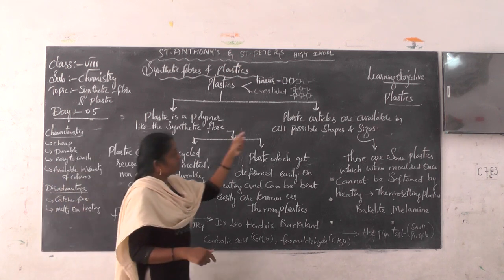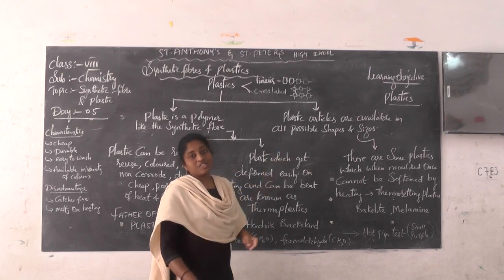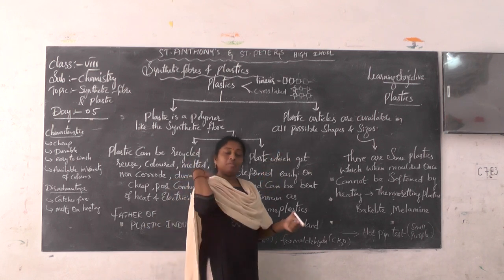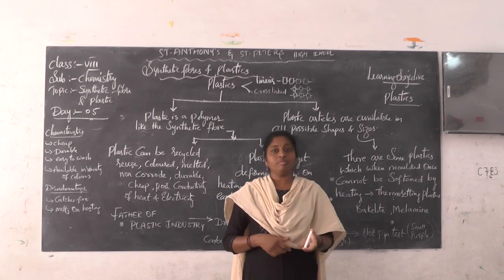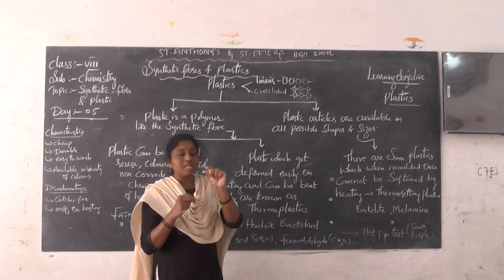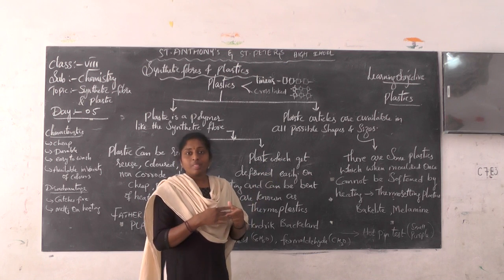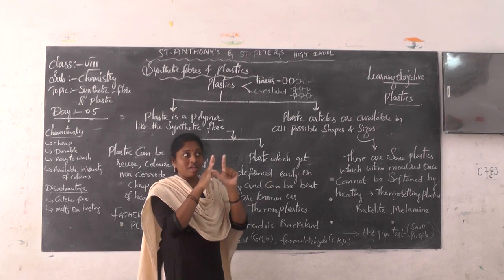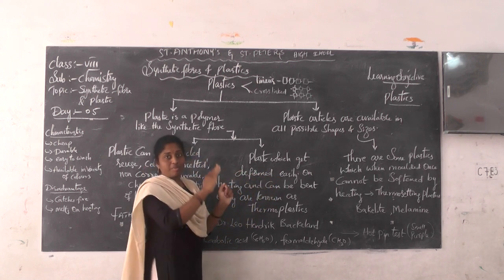And next one, plastic articles are available in all shapes and sizes. You know that plastic is not only of one particular size and shape. You can see different types, from small size to bigger size. If you see your kitchen, your mother arranges containers in different sizes, from small to bigger.